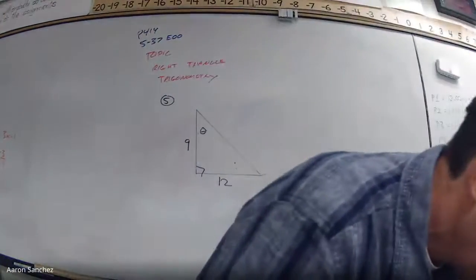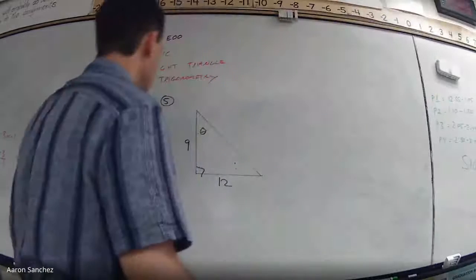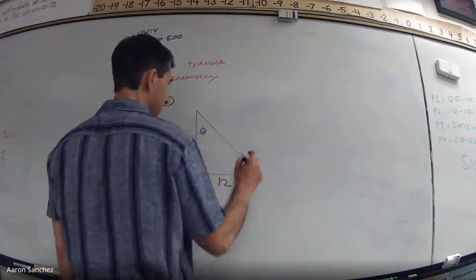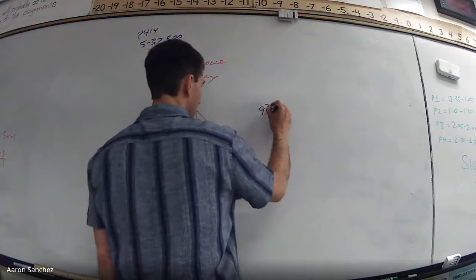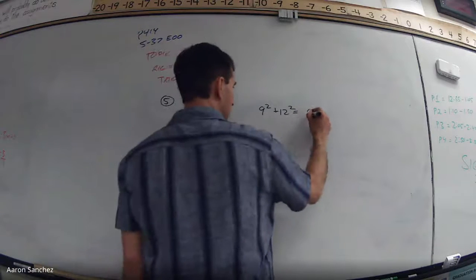How do I solve for the hypotenuse? Okay, Kevin, how do I solve for the hypotenuse here? You're covering the board. Oh, well, 9 squared plus 12 squared. Yeah, equals what?